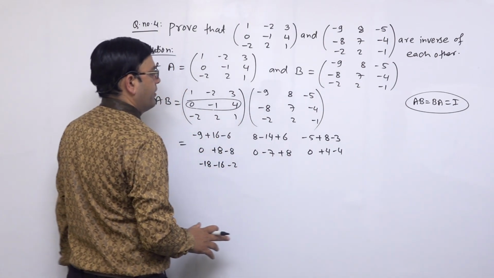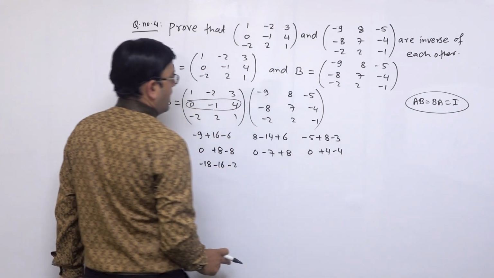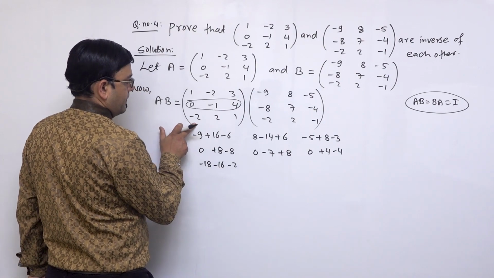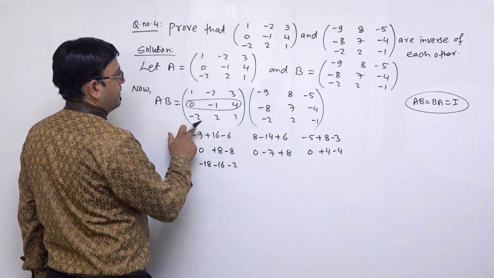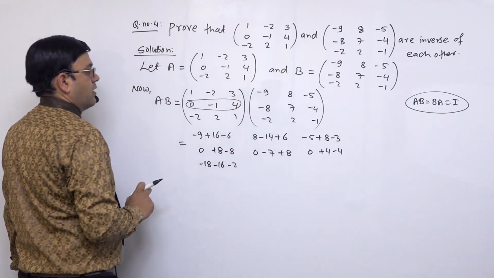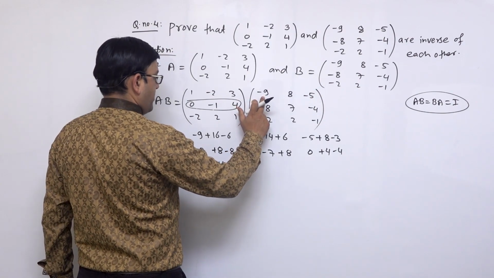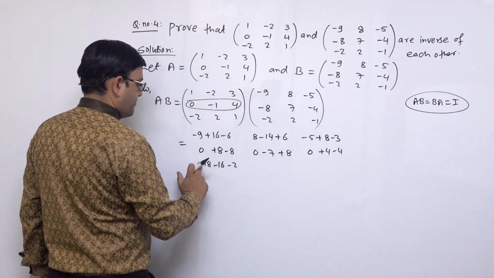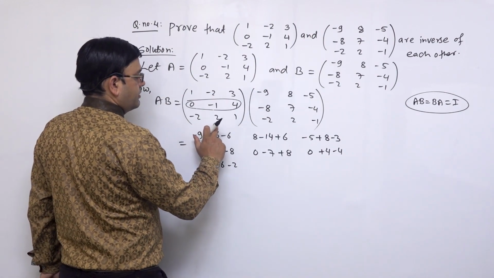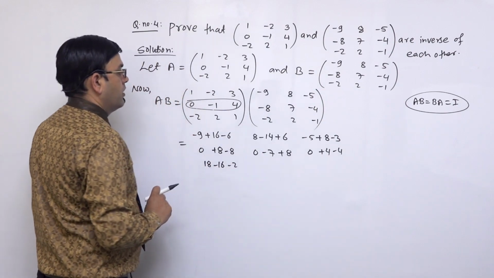It's correct up to now. Similarly we multiplied the third. Again, for the first row by the first column, -2 times -9 is plus 18. And then -2 times -8 is -16, and 1 times -2 is -2.